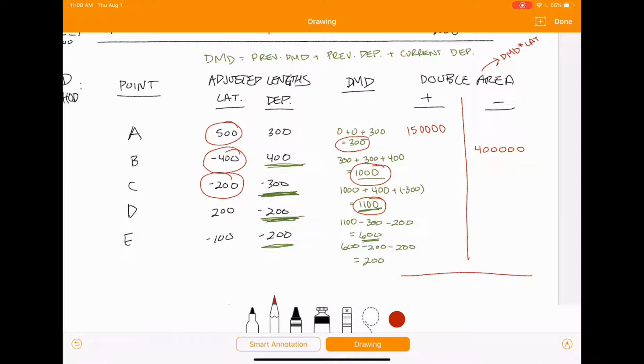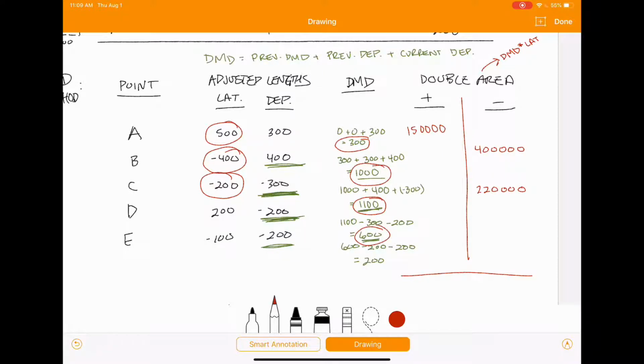So 1100 times negative 200 equals negative 220,000. So place that in the negative column, 4 zeros on that.